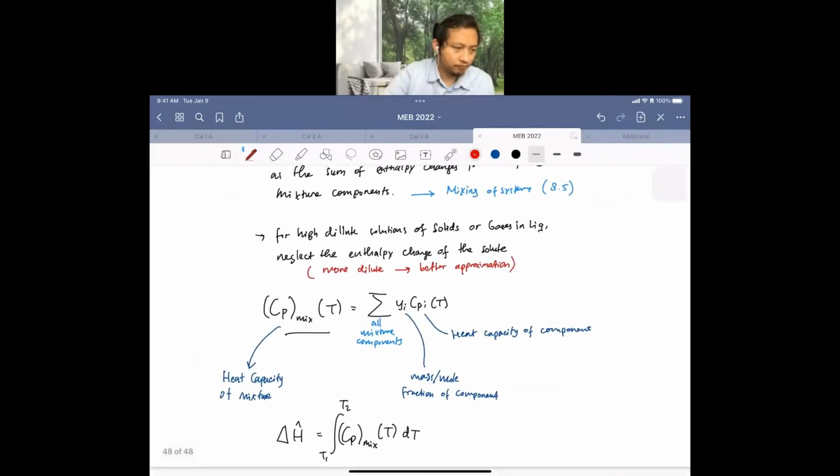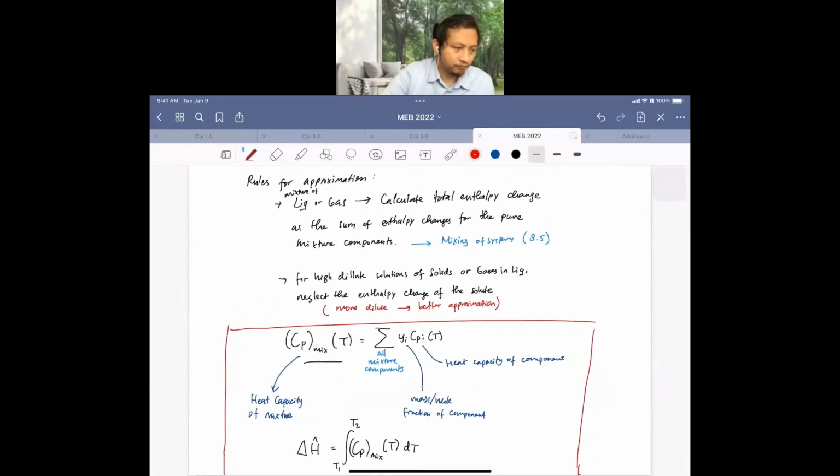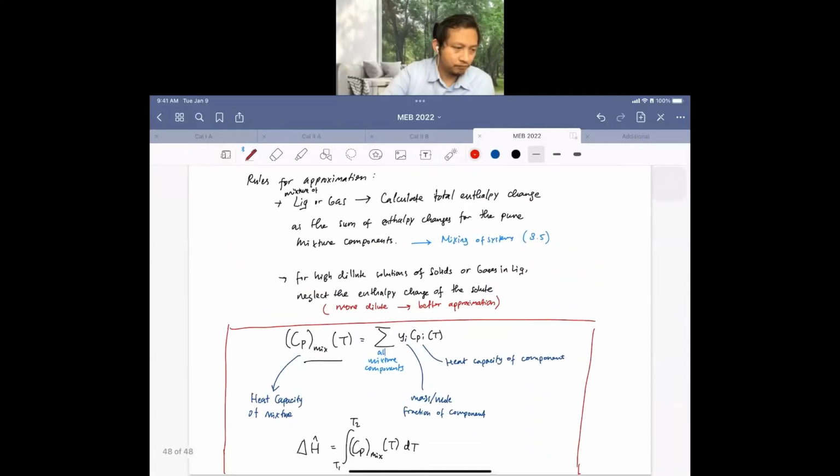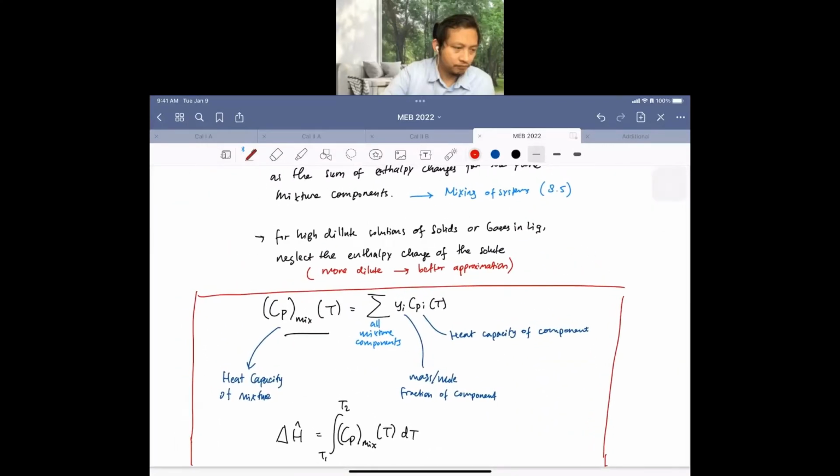Basically, I think the essential part is this one. Other approximations will be from another section, so this will be focusing on the Cp mixture.